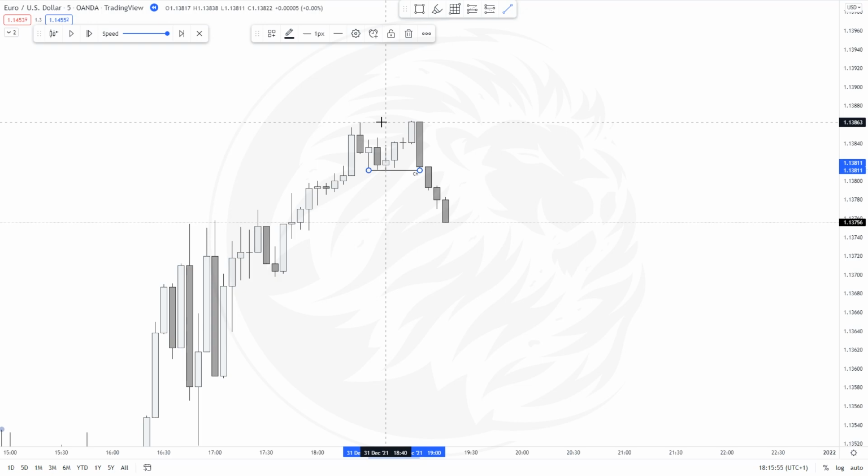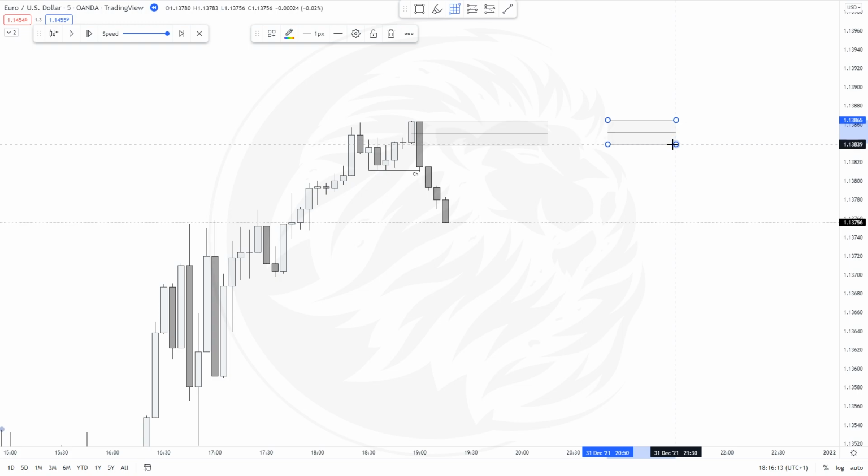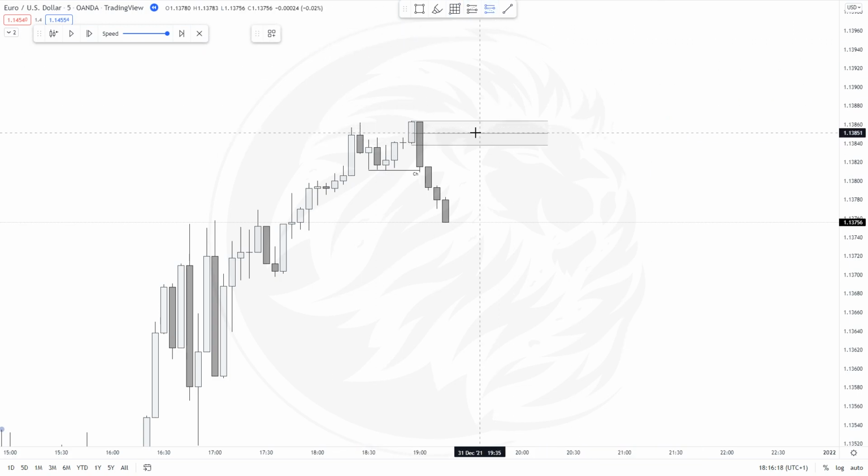So here we have another block which gives us a change of character, which breaks structure, and we have a sweep. So it's a very nice order block for me, and it can be better if price creates inducement before. Here, as explained before, I will take the 50% of the order block.